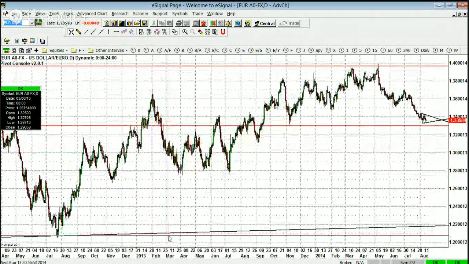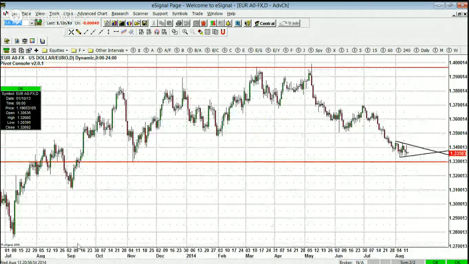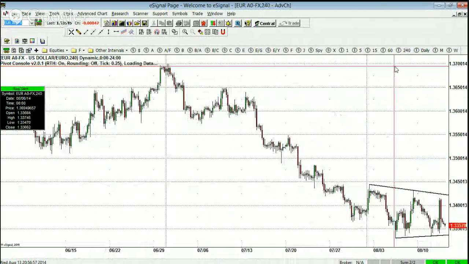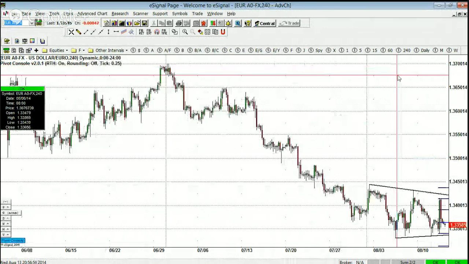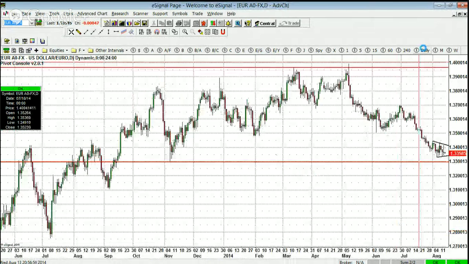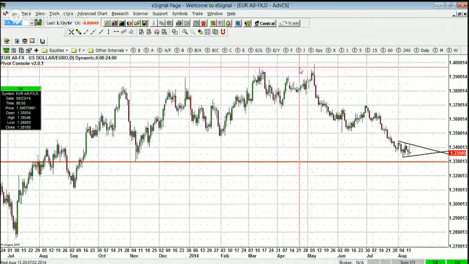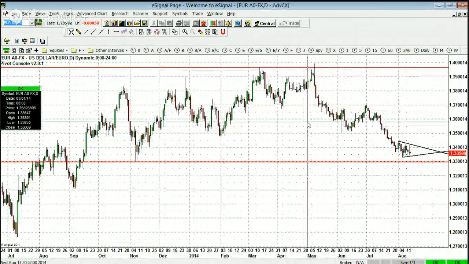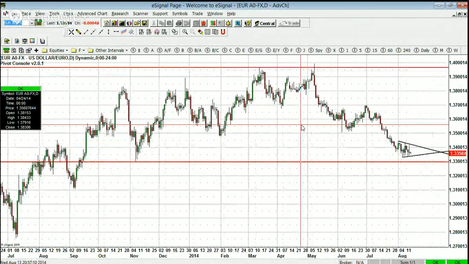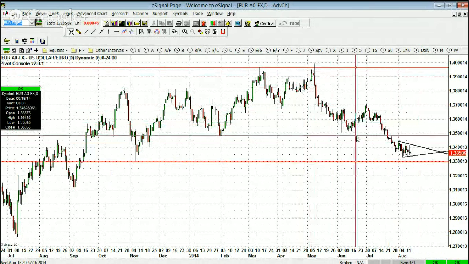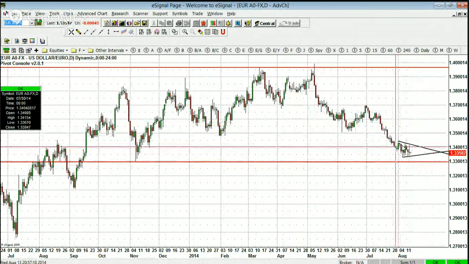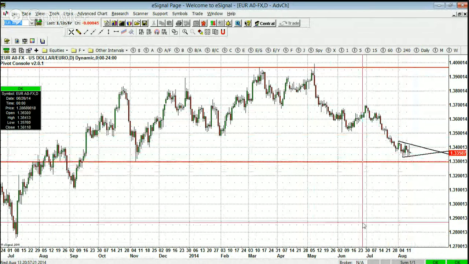Now, I've drawn here a flag. Let me just go down to the 4-hour chart. This is a flag in a downtrend. The momentum of the market has been down since mid-May.